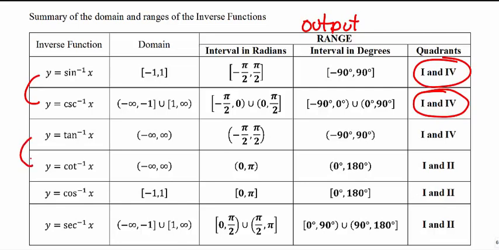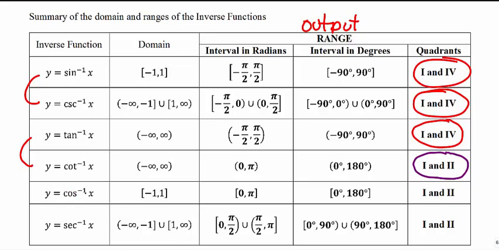Tangent and cotangent. Tangent has output values that come from quadrants 1 and quadrants 4. However, I want you to keep this in mind. For cotangent, the angles that we choose come from quadrants 1 and quadrants 2. So these are the only two that have a reciprocal relationship that have different output values for those inverse functions.